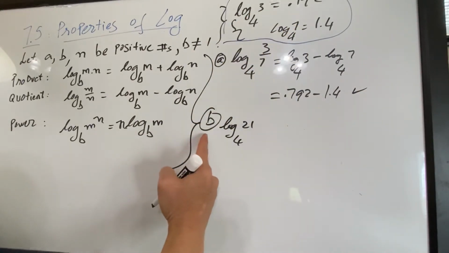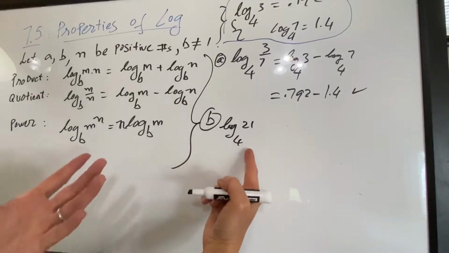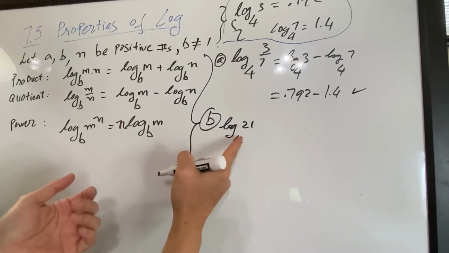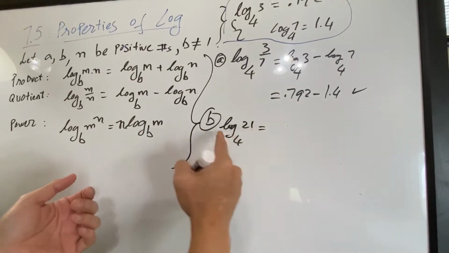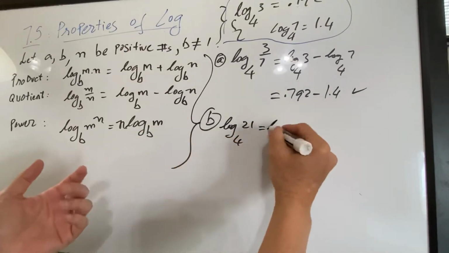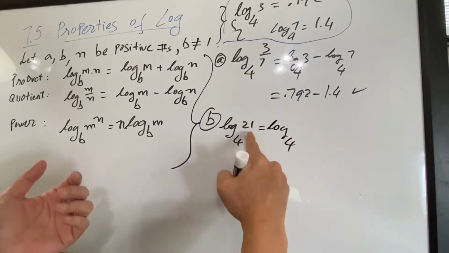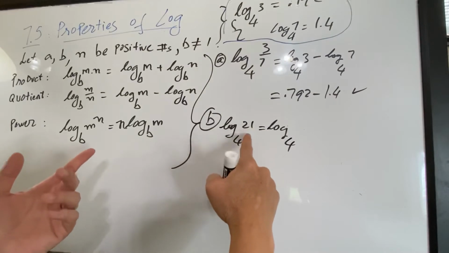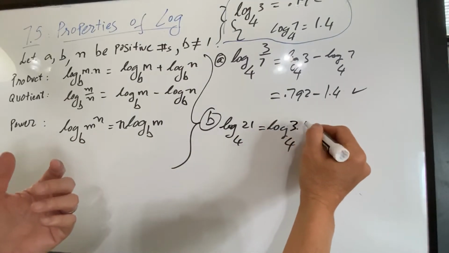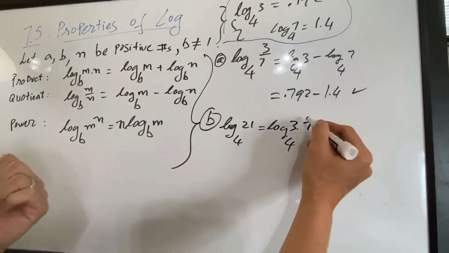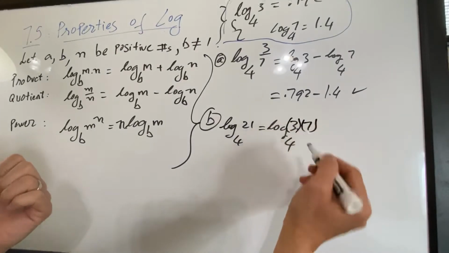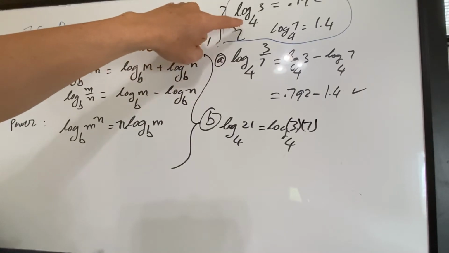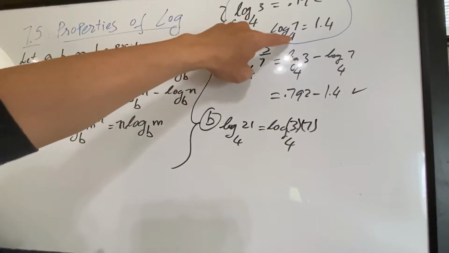And now look, example B right here. If you don't have your calculator, this is all they give you. And you think, I can rewrite log base 4 of 21 into what? 21 is 3 times 7. There we go. You see that? So that is the idea of really using the given data right here, which is log base 4 of 3 and log base 4 of 7.